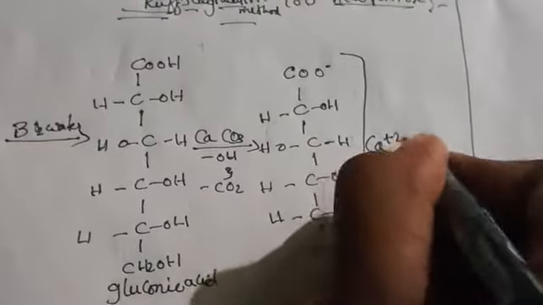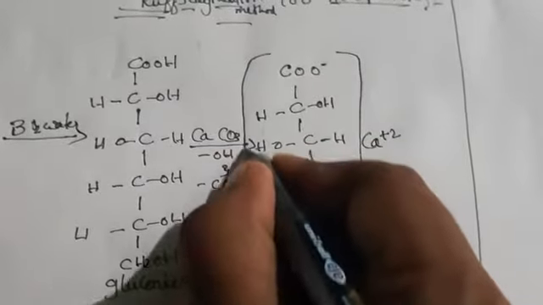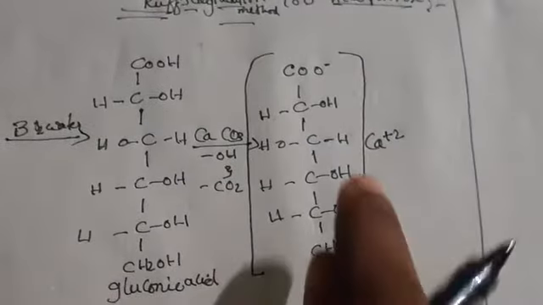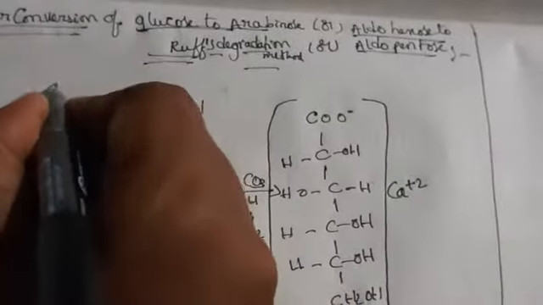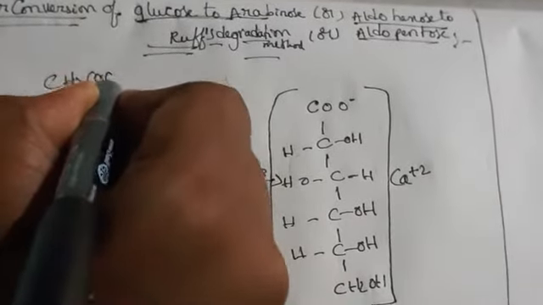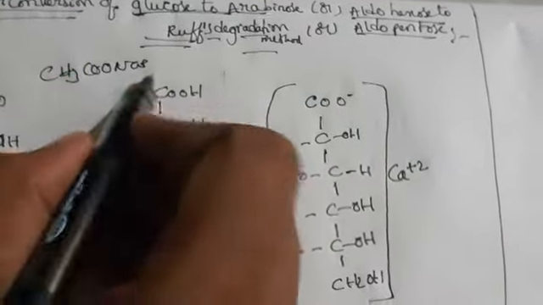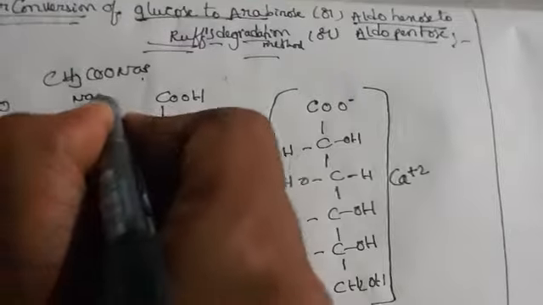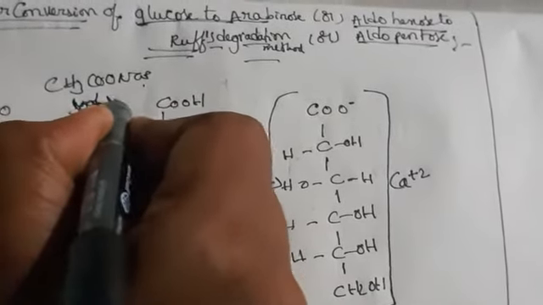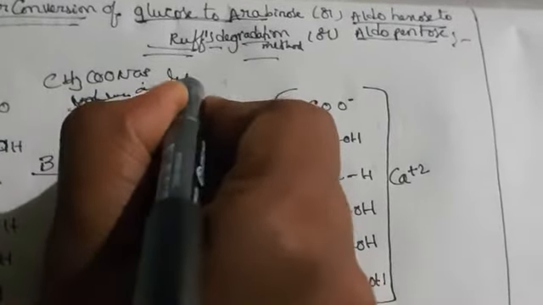It is forming a salt. Generally when we have CH3COO Na plus, we write sodium acetate. Yes or no? This is the name we write.